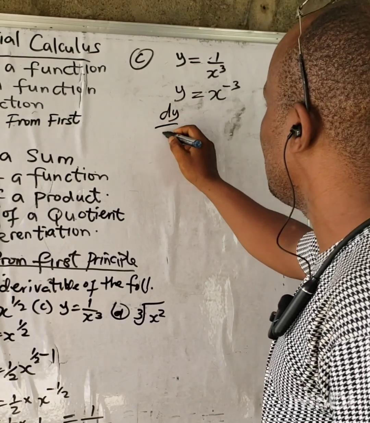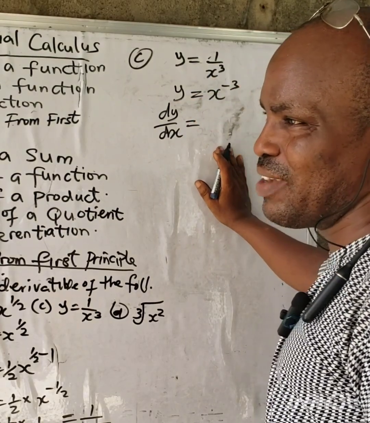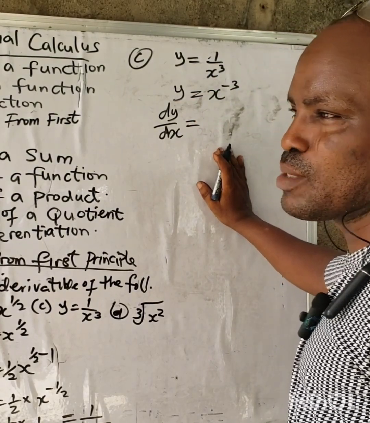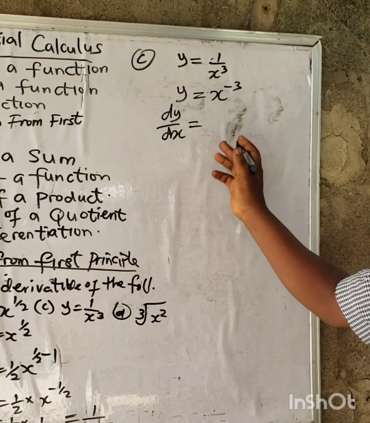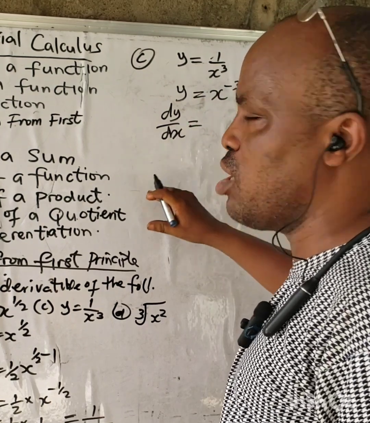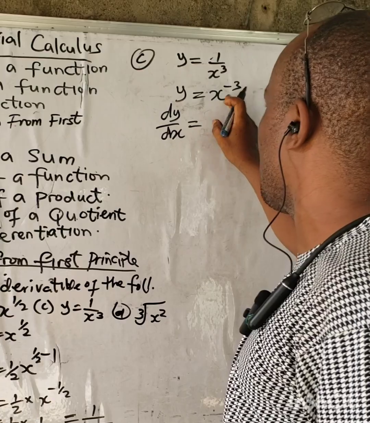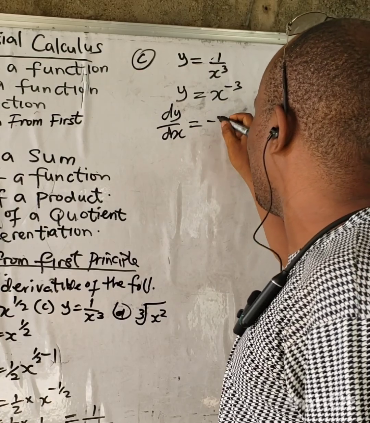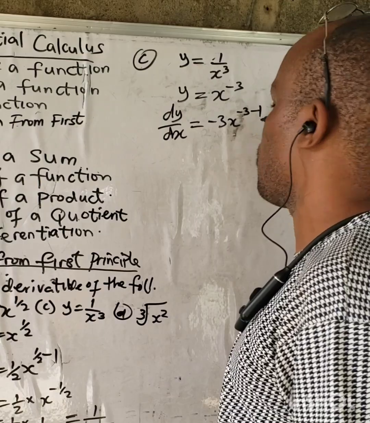dy/ds means derivative of y in respect to what? S. That's the meaning of dy/ds. Therefore, dy/ds of s raised to power minus 3 becomes minus 3s raised to power minus 3 minus 1.